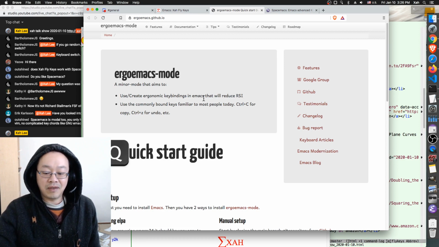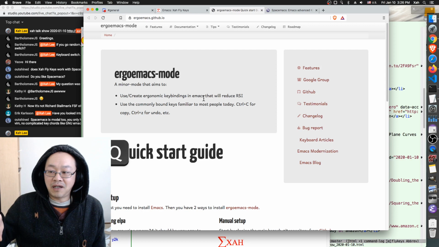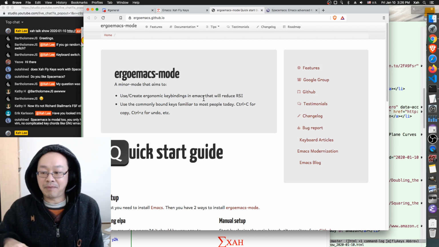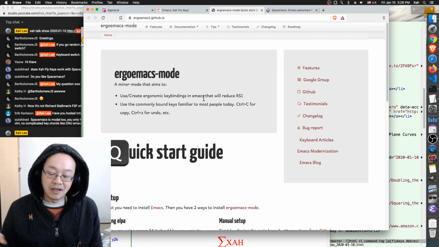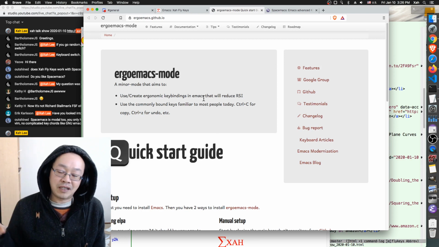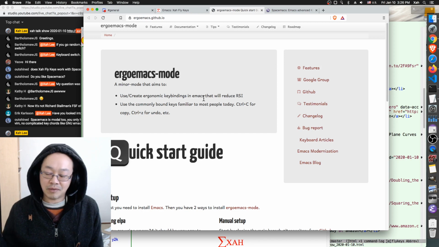Now, the problem with being simple and fast code is that if you have some other modes, for example, Magit. Magit is a big example, because Magit has lots of its own keys. So the problem with simple code is that when you have some other mode, minor mode or major mode, such as Magit, that will override some of your keys.